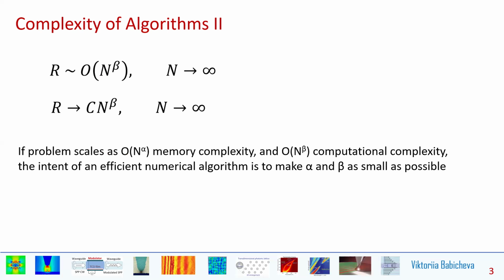Depending on the algorithm used, alpha can be as large as 2 and beta can be as large as 3, and an efficient numerical algorithm intends to make these numbers as small as possible. In most cases, we don't expect to have them smaller than 1. When alpha and beta are large, the resources needed can easily swamp the largest supercomputers we have.